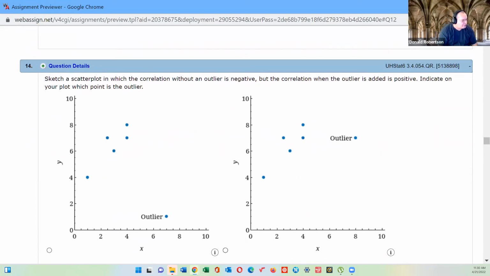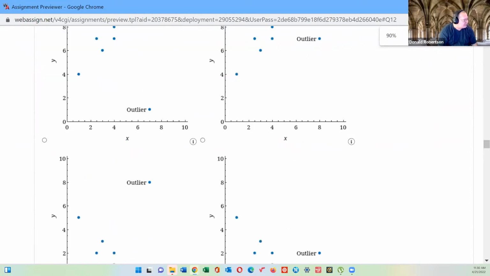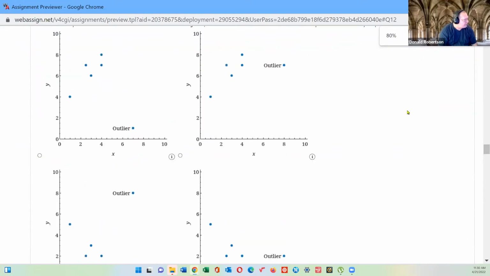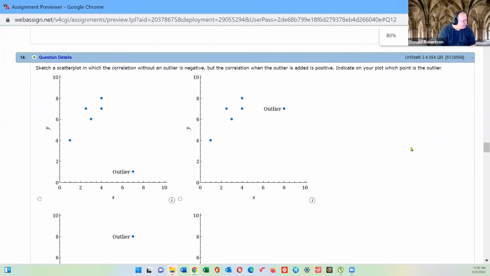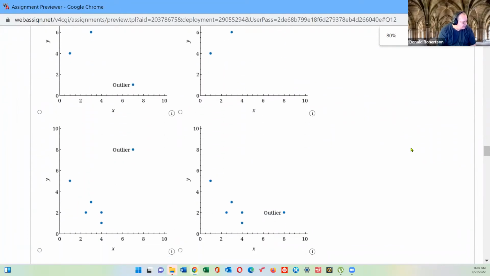I will have to shrink this up a little bit because there are 4 pictures. Now, sketch a scatter plot in which the correlation without an outlier is negative, but the correlation when the outlier is added is positive. So now we're going to have to look at some data.